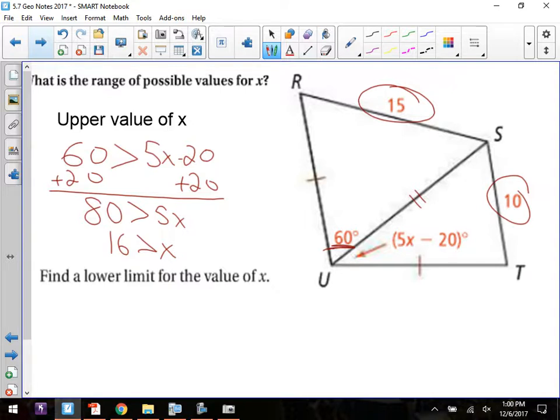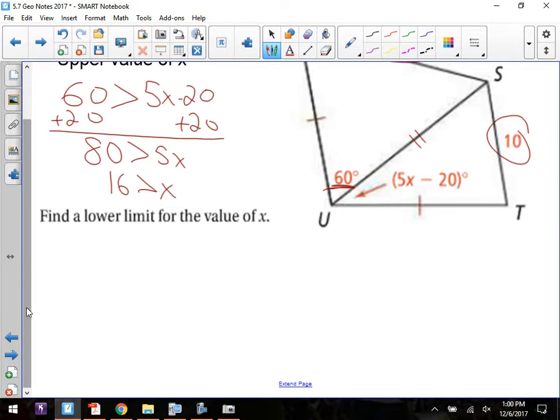Now the lower limit. What's the lower boundary of it? What does an angle always have to be greater than? 0. The lower limit for all these angles has to be 0, because you can't have negative angles. So your angle has to be greater than 0.